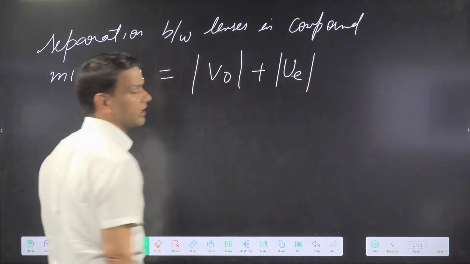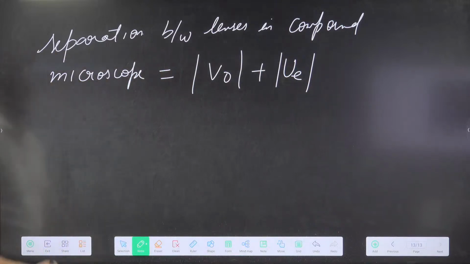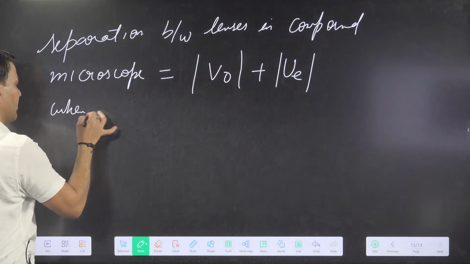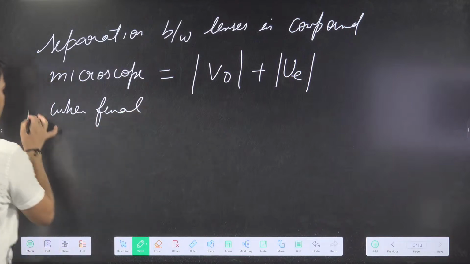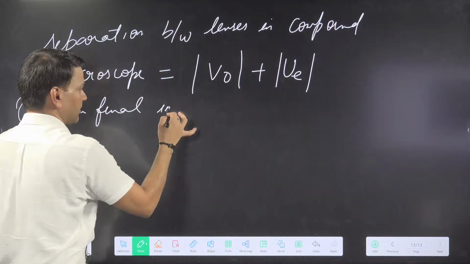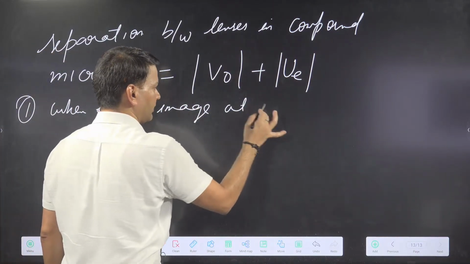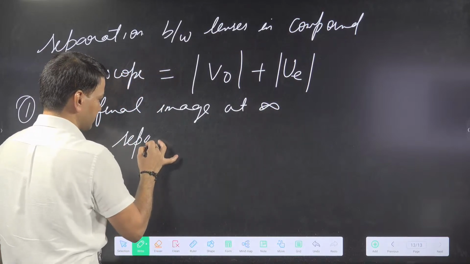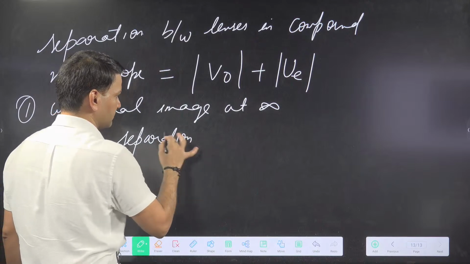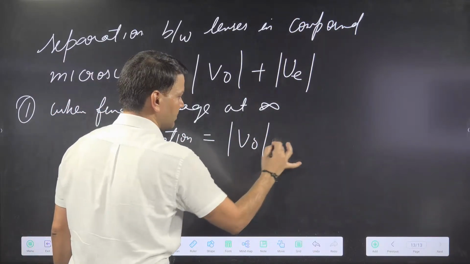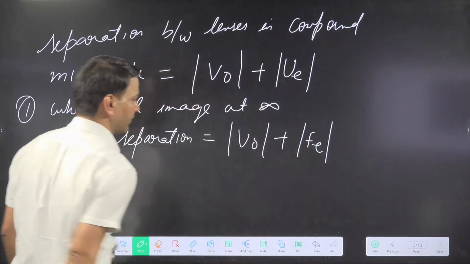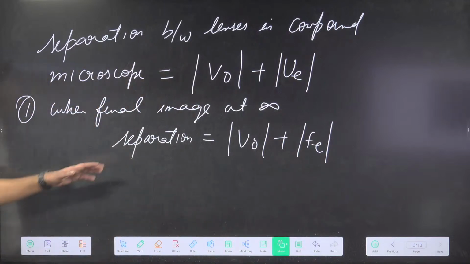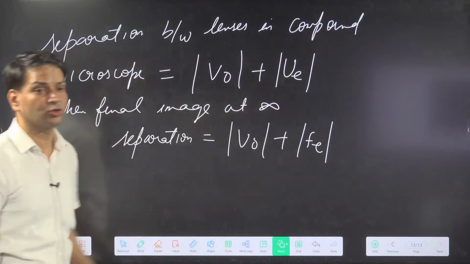This is the general formula, VO plus UE. Now when final image is at infinity, then separation we will say VO plus FE. Okay, why? Final image is at infinity, so UE has to be FE.